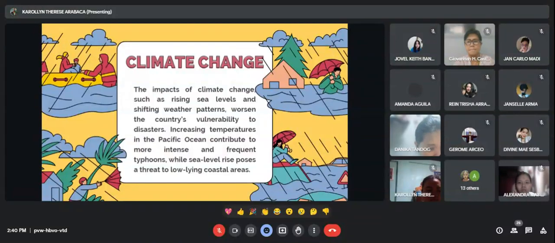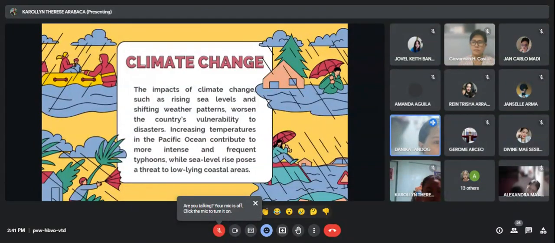So for the climate change, the impacts of climate change is due to the rising of sea levels and shifting of weather patterns, especially prone sa Philippines since nandun nga tayo sa may farming, tapos the specific Pacific Ocean contribution for intense frequent typhoons. Climate change is due to man-made materials such as extensive use of fossil fuels, yung coals, oils, cooking oils or gas.